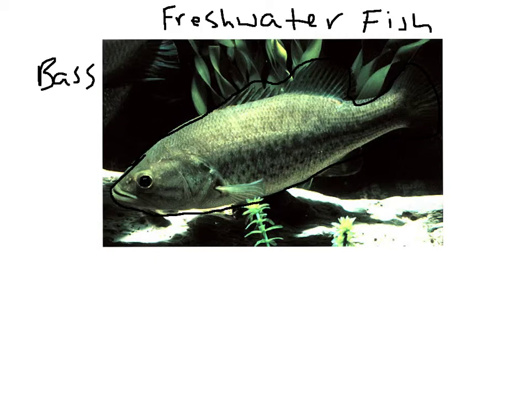Now the freshwater fish has a kind of a different situation where the freshwater fish is hypertonic compared to the water. So this freshwater fish is hypertonic. The fish itself is more concentrated than the water that it's sitting in, which is freshwater, like Detroit Lake.